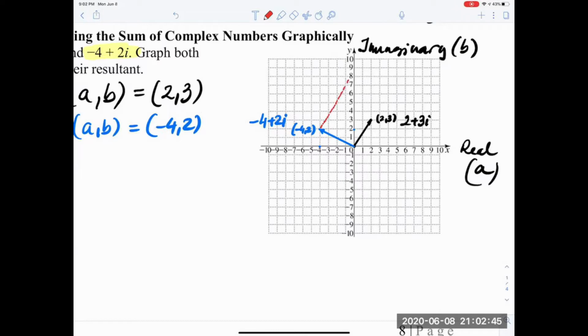That's kind of parallel. And then from the other end, I'm going to draw another parallel line to the blue vector. The intersection between them should give me the resultant.